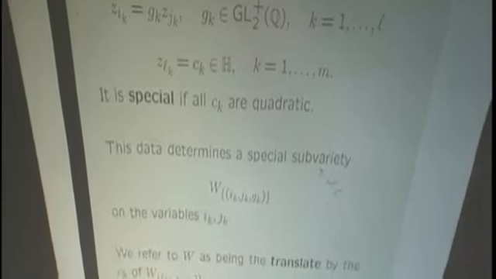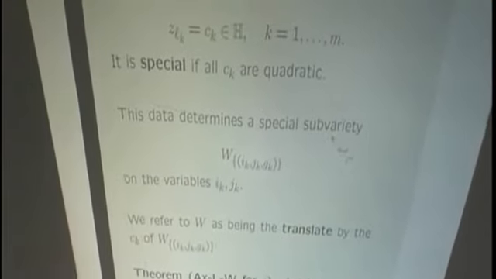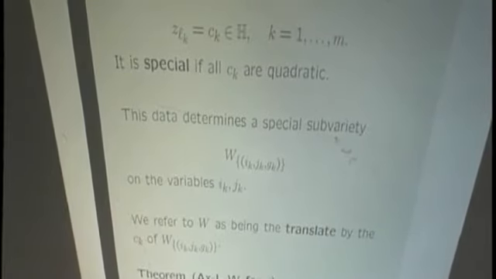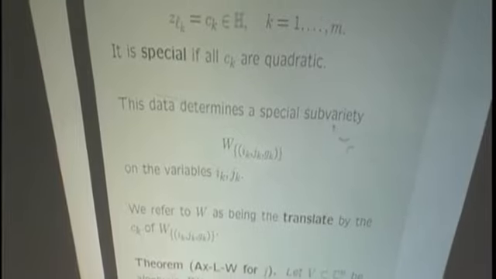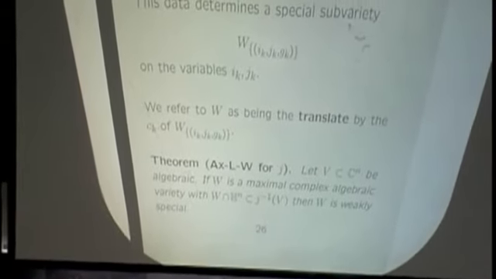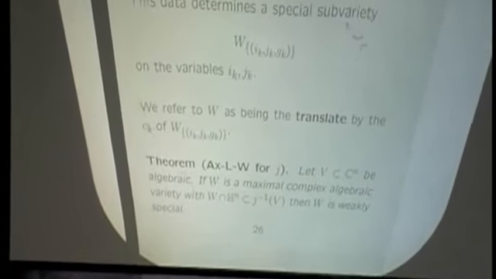Some coordinate is G times another coordinate, where G is in GL2(Q)+, or some coordinate is constant. They define our weakly special subvarieties. And the special ones, if the c_k are quadratic, if they're special points, then that's a special subvariety. And the images of such things are the special subvarieties in C to the n.